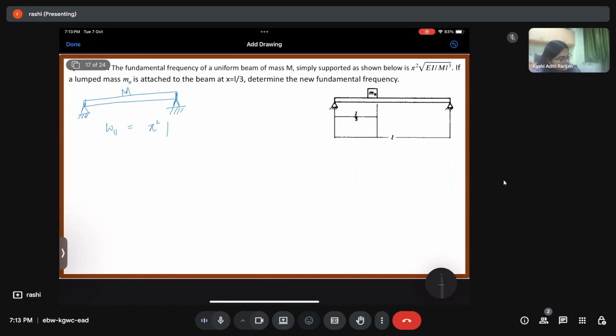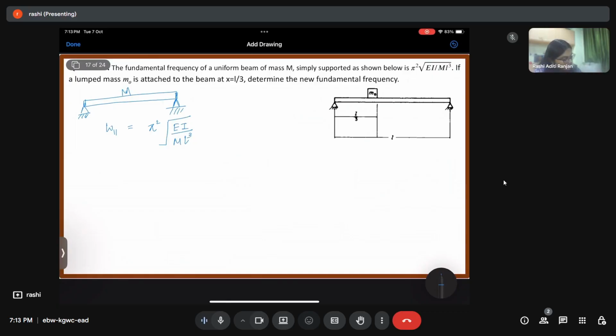Pi square under root of E I by M L square. Not square, it is cube. M L cube. Okay, this is already given in the question.